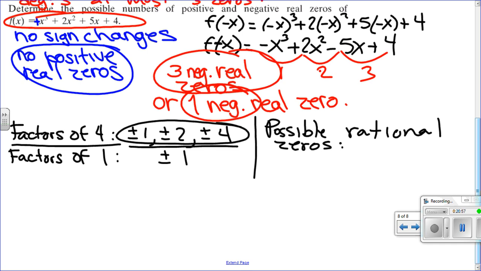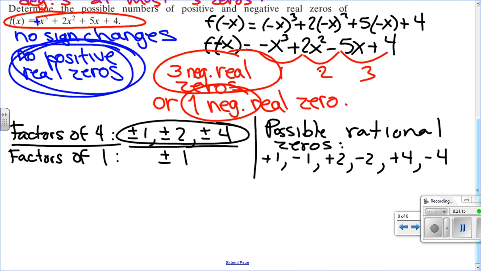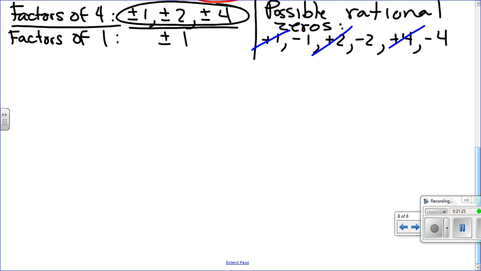So I will have positive 1, negative 1, positive 2, negative 2, positive 4, negative 4, and we have 6 possibilities. But out of those 6 possibilities, we already know that there are no positive real zeros. So I can cross out all those possibilities. And so if I want to test, I'm reducing my testing options to only 3.